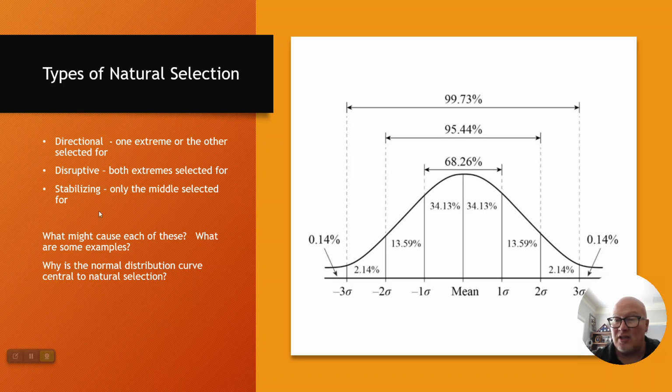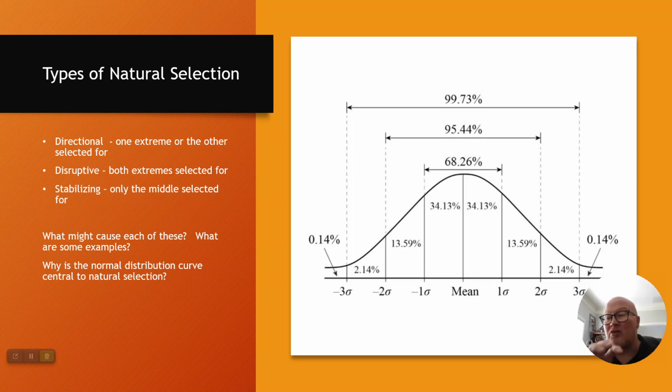Stabilizing selection, that's where we select only for the mean. Well, the mean height for human beings worldwide is about 5'9", 5'10". Okay, that's the mean height for human beings. So if we were to only allow those organisms that are between 5'9" and 5'11" to reproduce, then that's going to make this curve skinny.